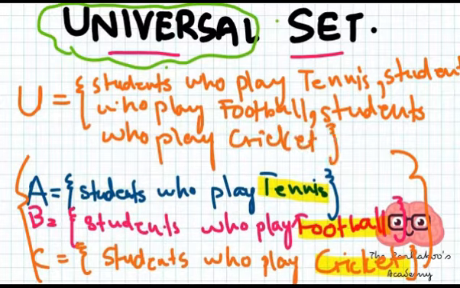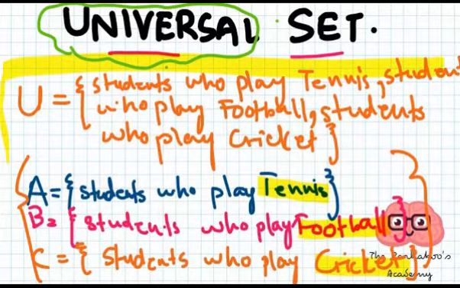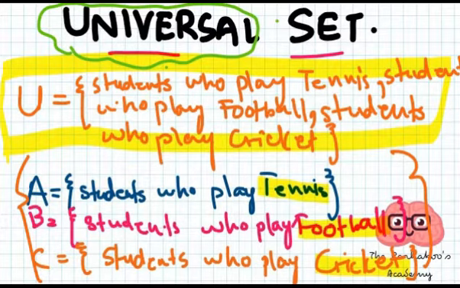So this is the universal set for this problem, because the context is the students playing different games. So the universal set is the set of all the students playing different games, right?